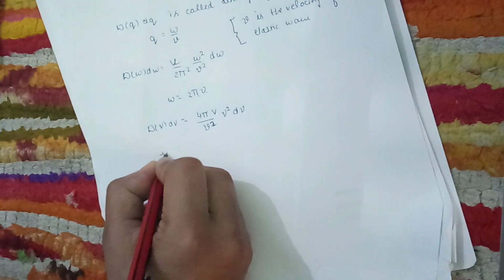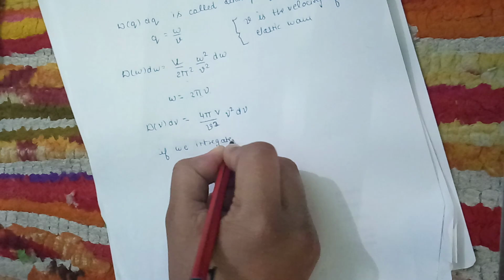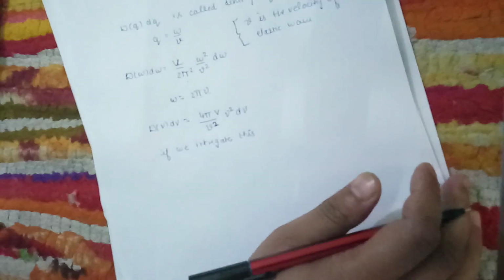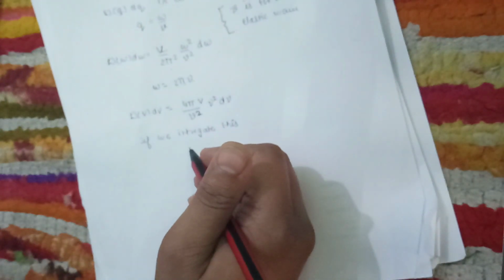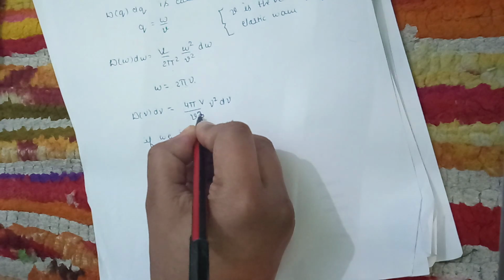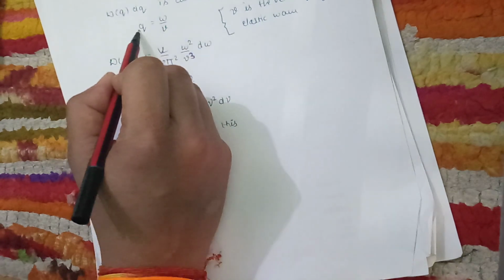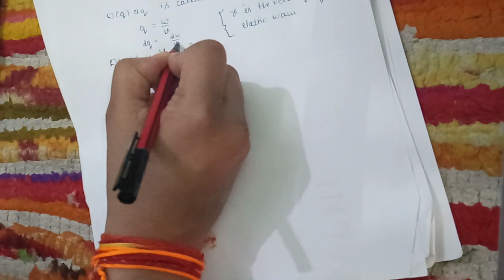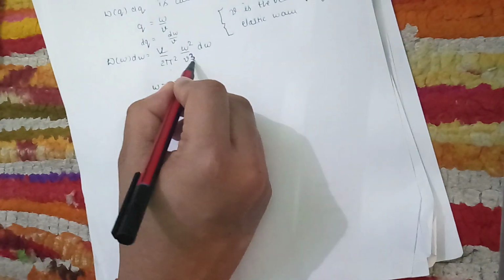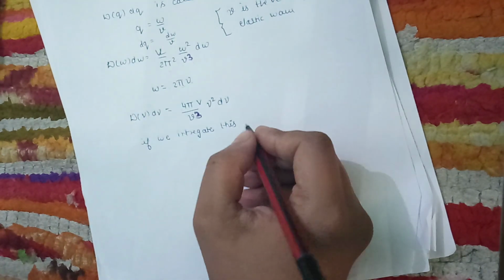Now if we integrate it, this is cube, sorry, this is cube here, because if we find dq is equal to d omega by v, so this is v cube.